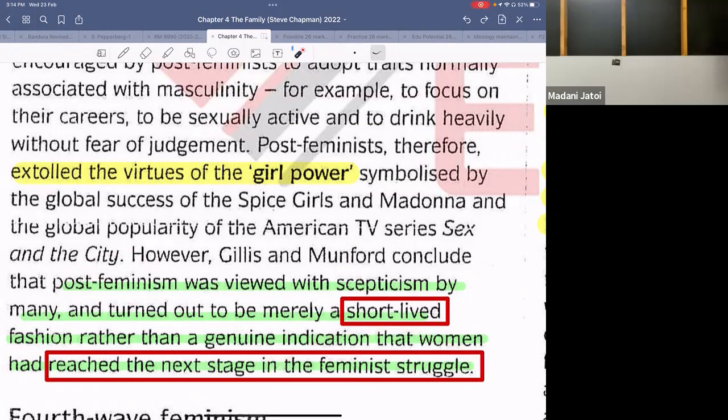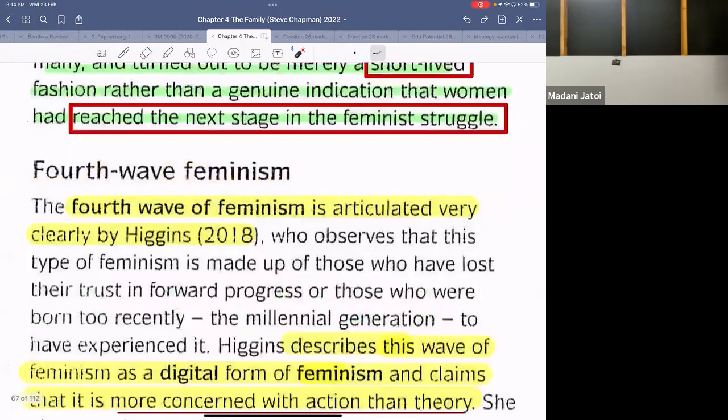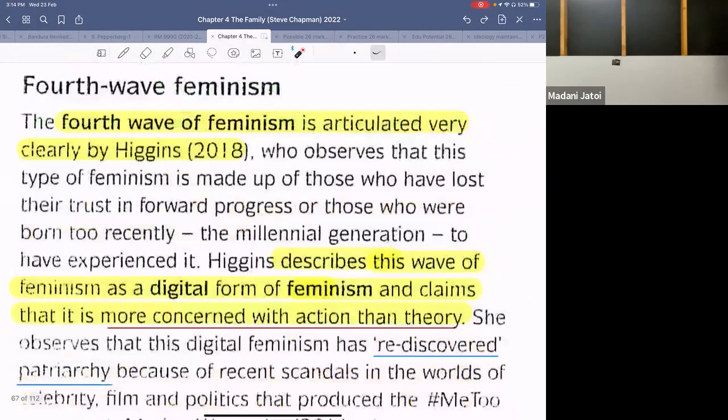Now, quickly moving on further, talking about the fourth wave of feminism. This fourth wave of feminism is articulated very clearly by Higgins in 2018. It is also referred to as the digital form of feminism.